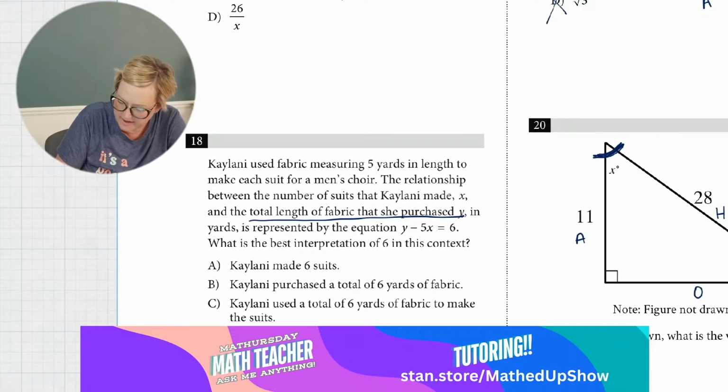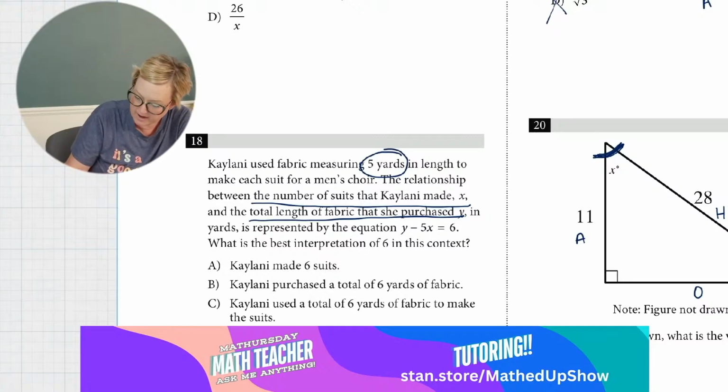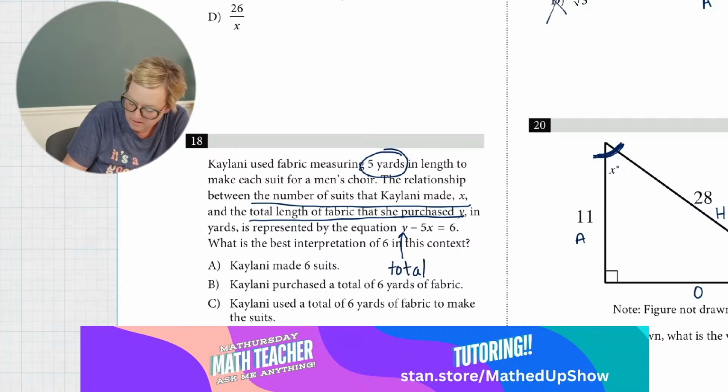And X is the number of suits that she made. Now we know she uses 5 yards for each suit. So what we've got here is the total length of fabric, which is Y, minus 5 yards per suit. And then it's got 6.